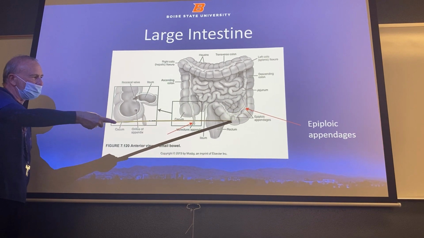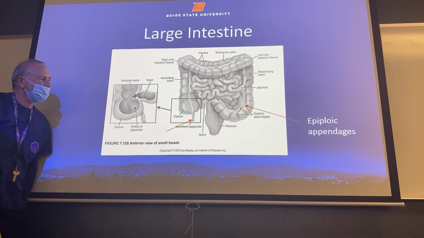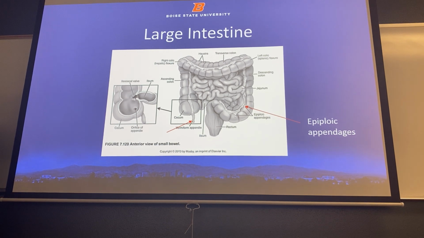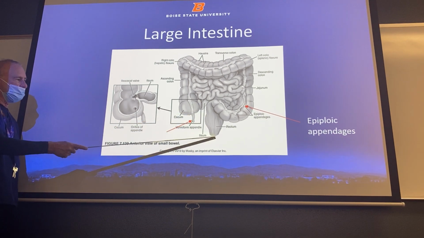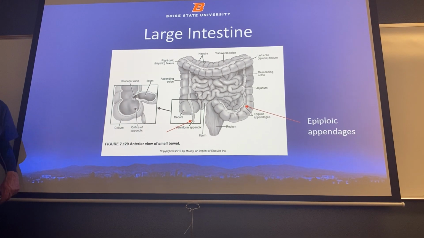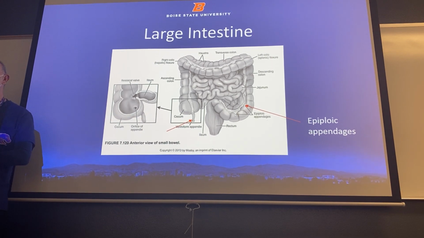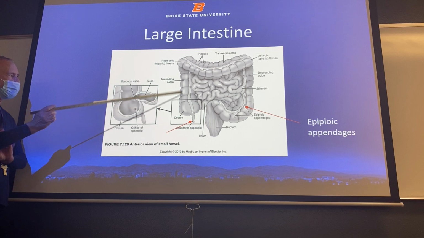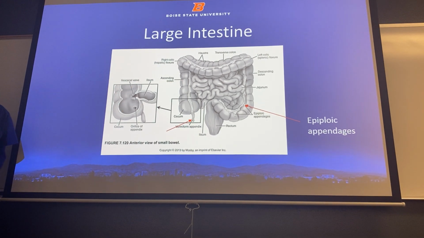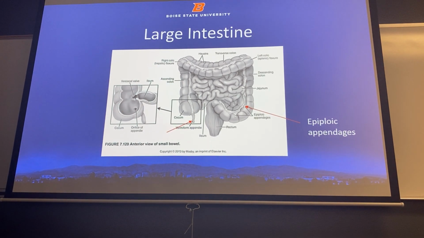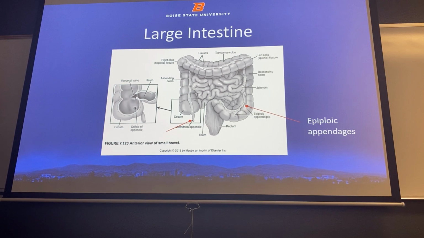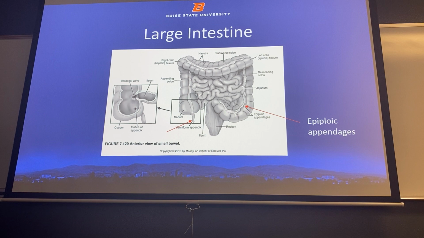Where the C-loop is right up here, this is the sigmoid, that becomes intra, and then the rectum, to a certain degree, becomes retroperitoneal. So the large intestine really is complex in terms of its alignment. It's always interlaced through the peritoneum, so it kind of goes in between intraperitoneal and retroperitoneal. So kind of an interesting structure from that end.